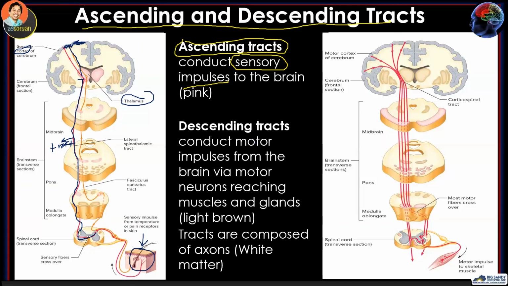This is another ascending tract over here from the thalamus into the cerebral cortex. So in the spinal cord, we have the ascending tract. In the brain, you will also have white matter over here, which is also a tract. For example, the tract that carries information from the thalamus into the cerebral cortex.